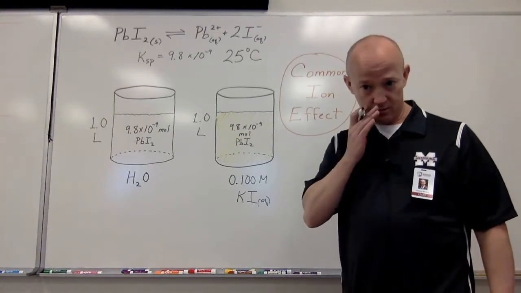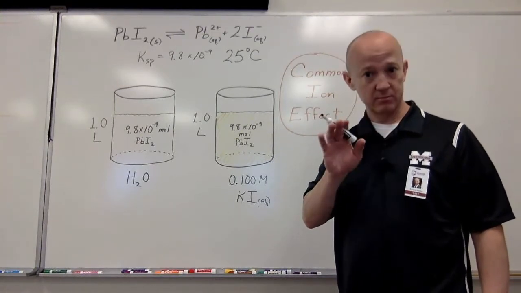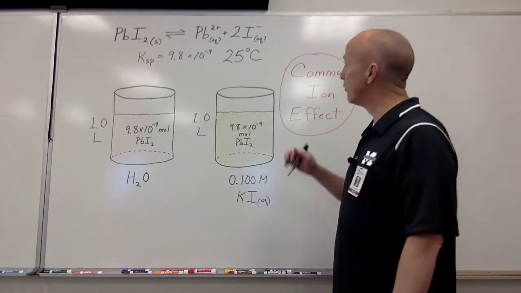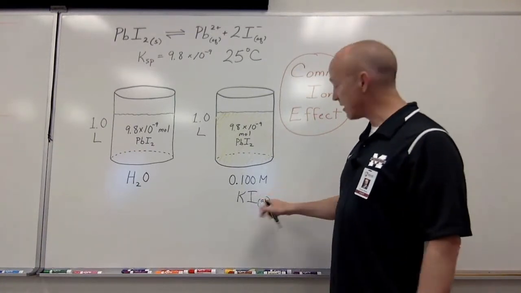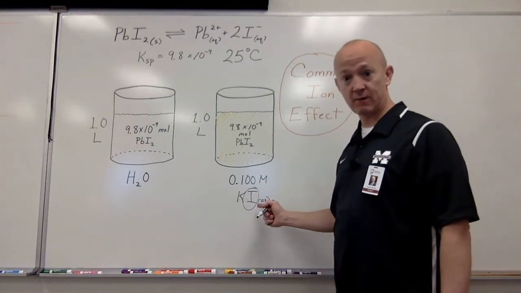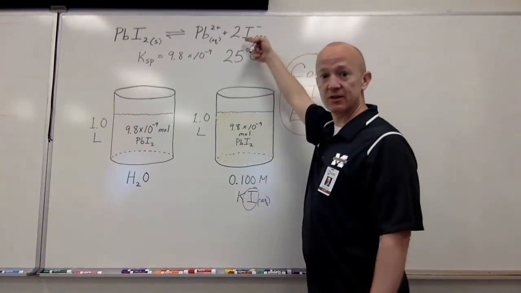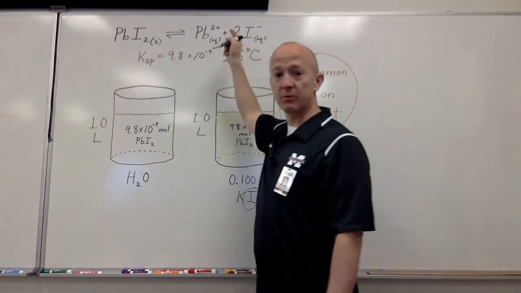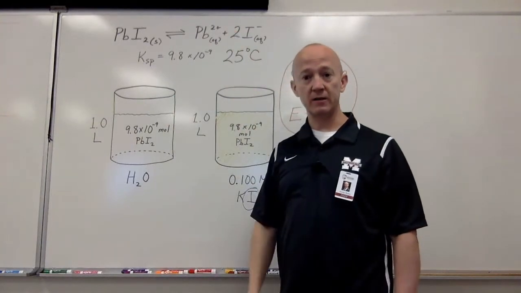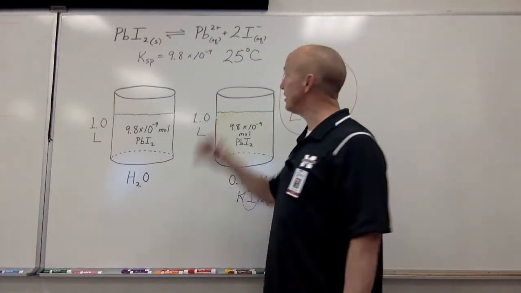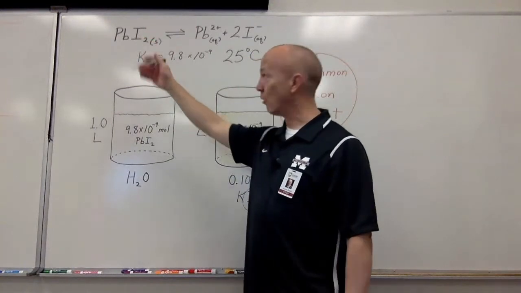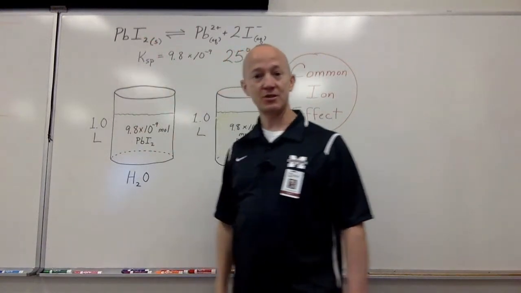So, Le Chatelier principle tells us that if we add products to this reaction that's in equilibrium, that reaction will do what? It will shift back to the left. What's on the left side? The solid.